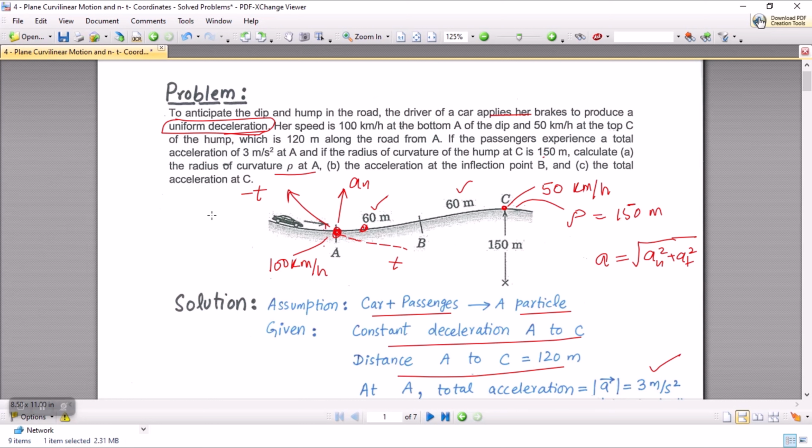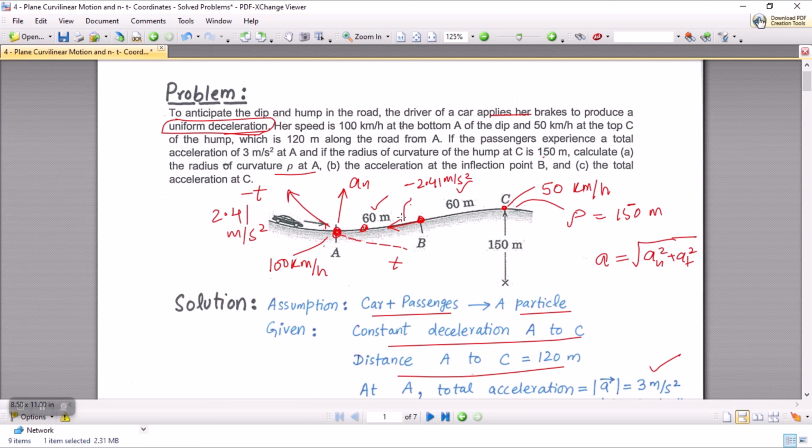So this 2.41 will have a different direction at point A, meter per second square. But at point B, it will have a different t axis, right? So this minus 2.41 at point B will have a different direction. So it is again minus 2.41 meter per second square.